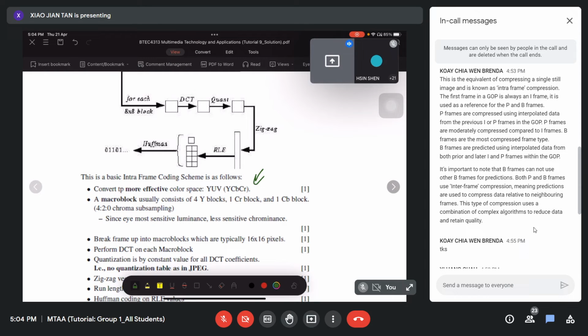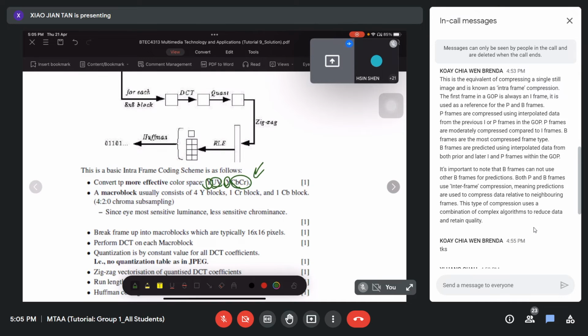But in YCbCr, YUV, or YIQ, Y is the one that holds all the luma information, while UV, IQ, and CbCr hold the chroma information. So by converting to YUV, YCbCr, or YIQ, you can actually perform greater compression, especially using subsampling. Okay, so you convert to an effective color space, which is YUV or YCbCr.